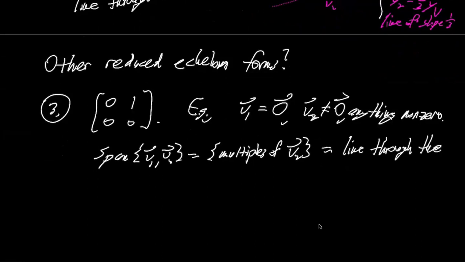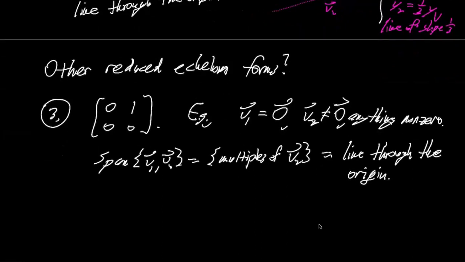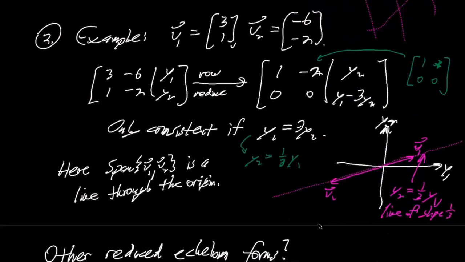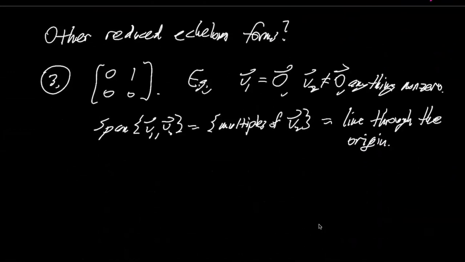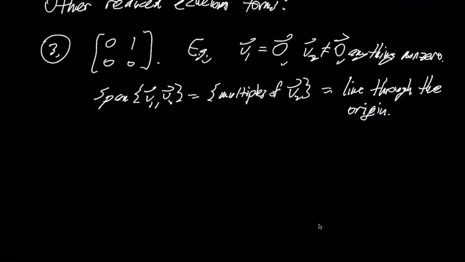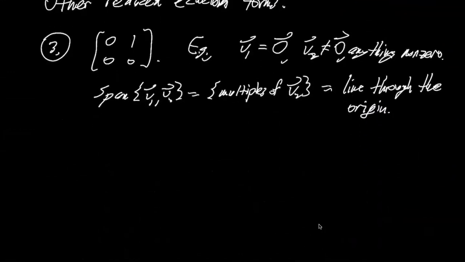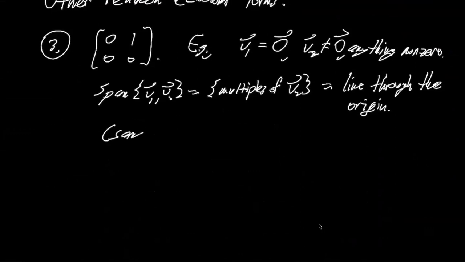It shouldn't really matter if the first column is 0. We already see it up here, the possibility of a 0 column with the asterisk being 0. So this really is the same as possibility 2. It's just that the 0 vector could have been one of the vectors.